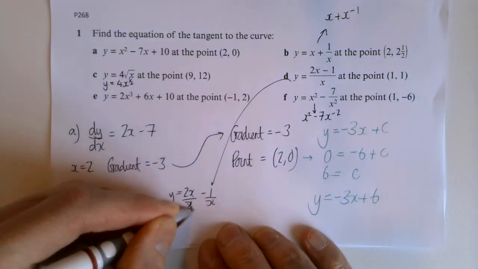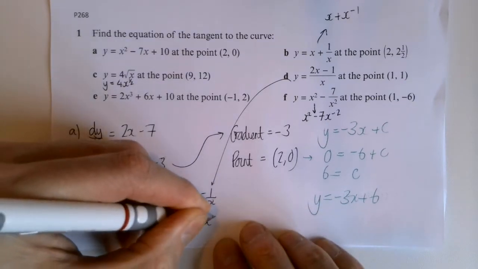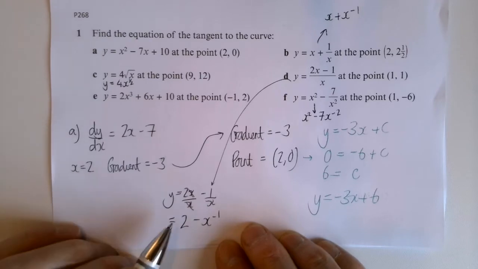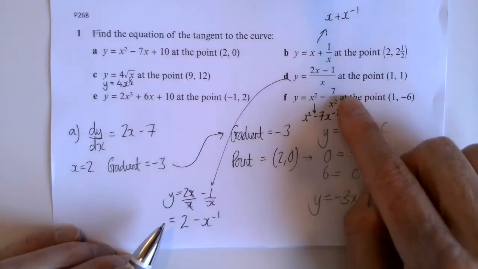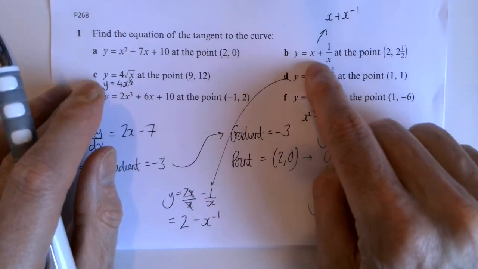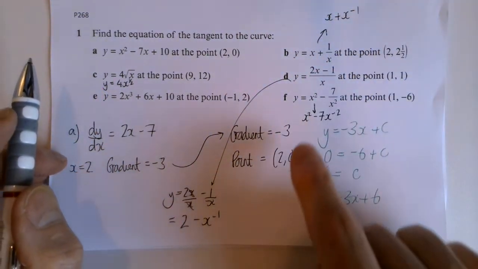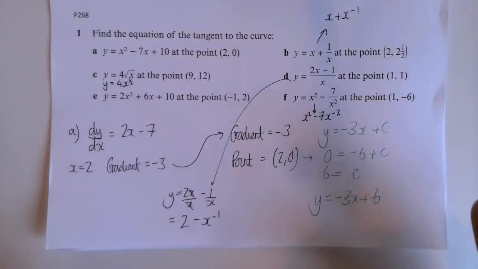There the x's cancel out, so that's 2, and 1 over x. So if you were going to go on and do those three as independent study, then before you differentiate, make sure you rewrite that one as that, this one as this, and this one as this. And then they're easy to differentiate. Okay?